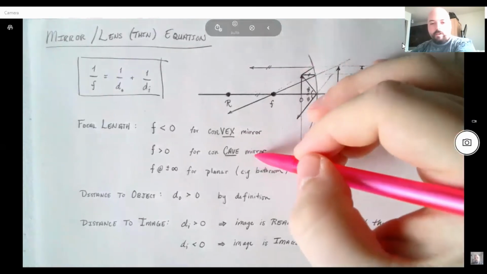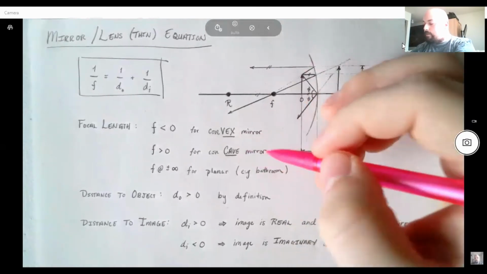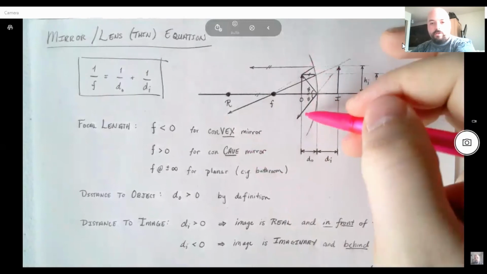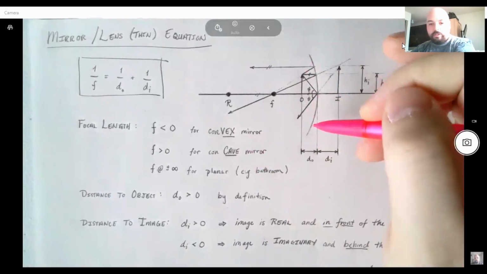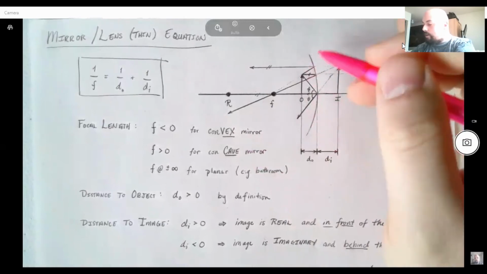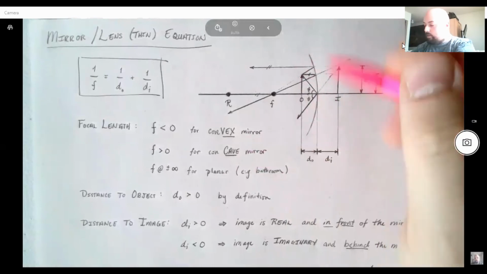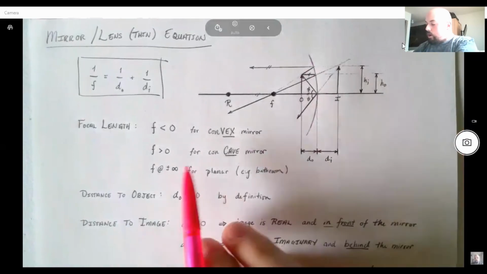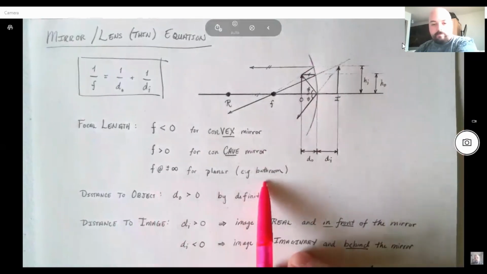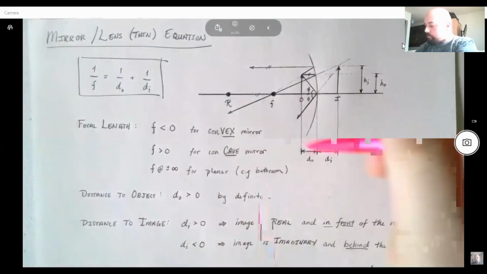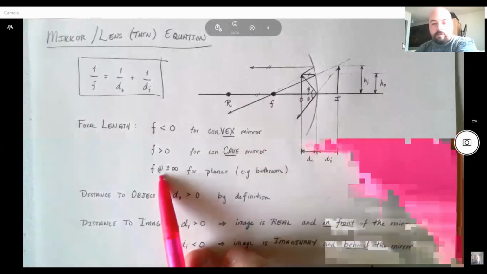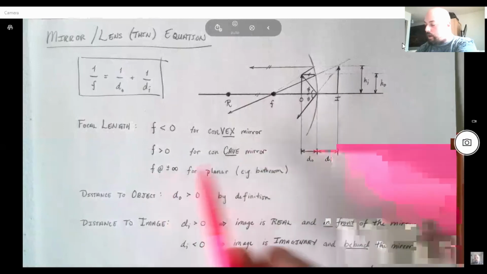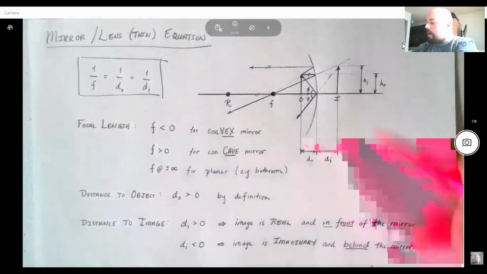Similarly with lenses, concave lenses will also have the same sort of cave-in feature. Convex will just be a deflection outward. Also note that any planar mirrors will essentially have a focal length at infinity or negative infinity. It doesn't really matter.